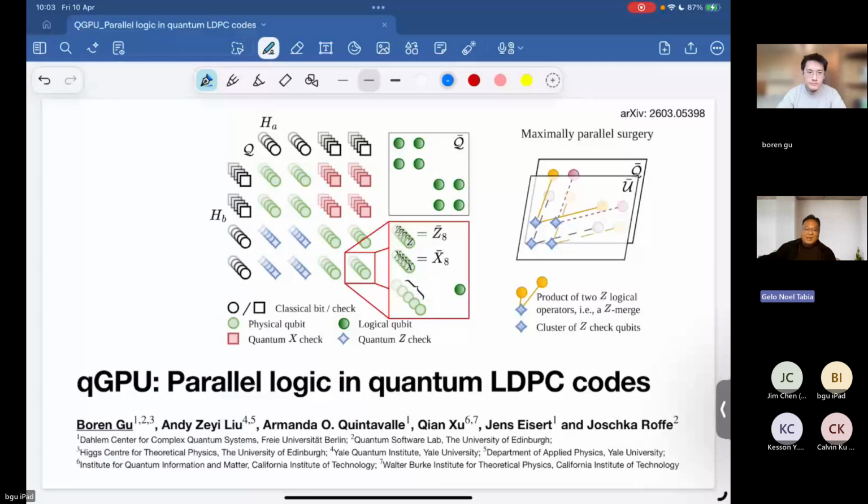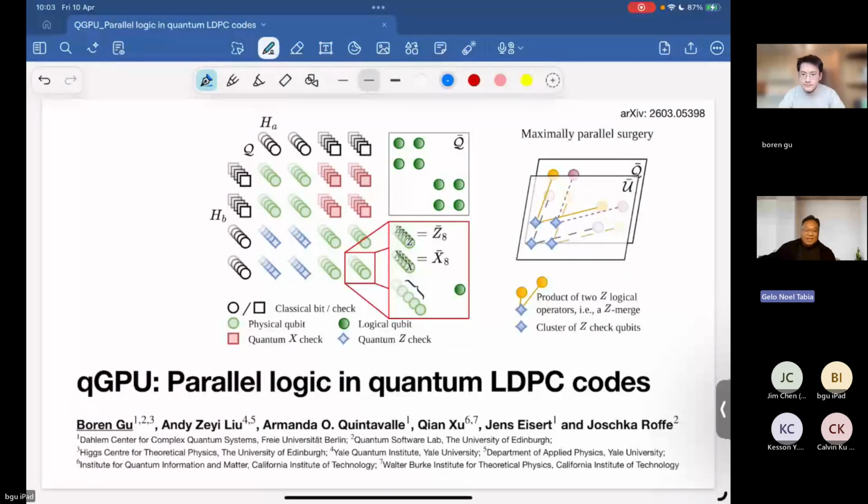Today we have the pleasure of having Boren Gu, who will tell us about QGPU, parallel logic in quantum LDPC codes. Boren is a PhD researcher in quantum error correction and fault-tolerant quantum computation, supervised by Jens Eisert at the Free University of Berlin.